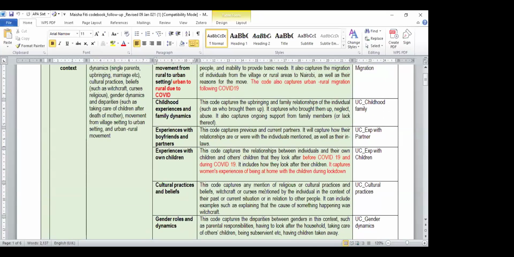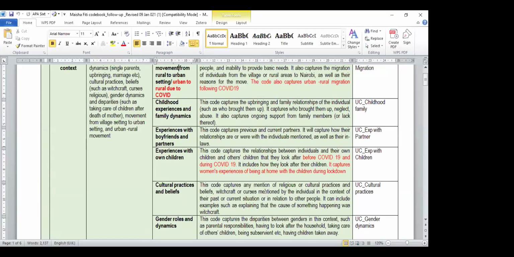One of the things you may encounter is that one may ask you, how did you develop your themes? Were they emerging themes, or were they deductive, perhaps when we have predetermined themes? For example, you could be looking at your themes based on the objectives, clearly saying that even as I look at my data, this is what I want to pick.